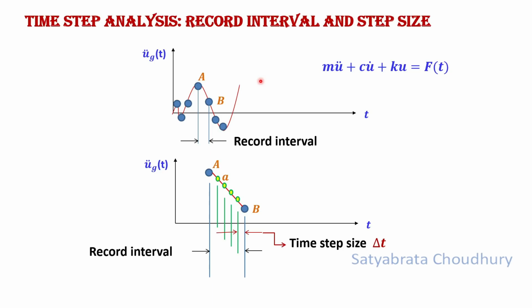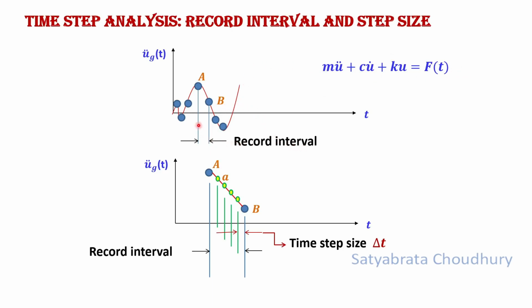There will be thousands and thousands of steps in a time history, and at every step you have to satisfy the equilibrium equation as given here for all the masses in the system. So it is a highly computationally involved process. We are solving the equation of motion as discussed earlier through the time step analysis.